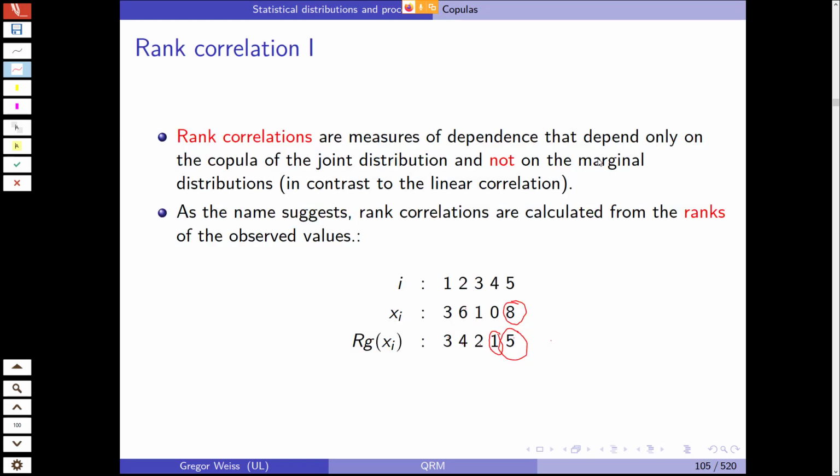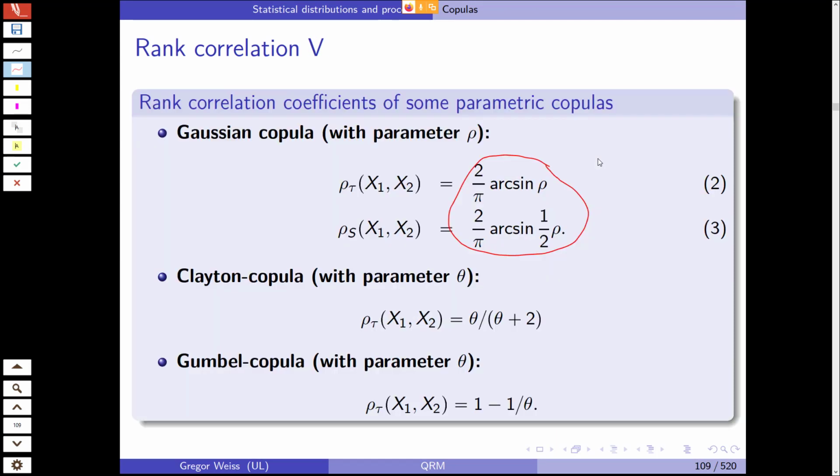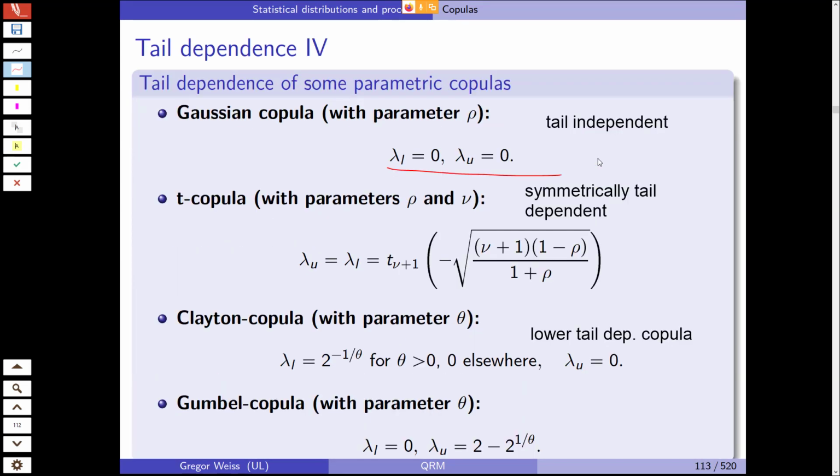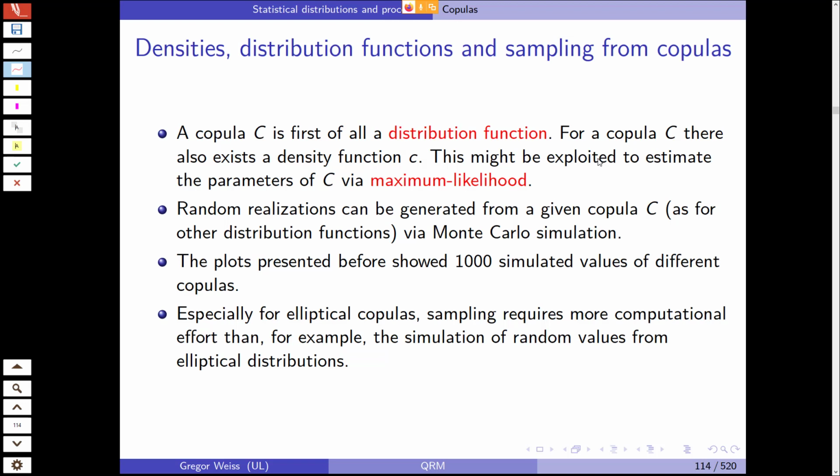So you can do maximum likelihood, and you can do simulation, as I've done here. You need more computational effort to simulate from high dimensional copulas, because obviously it is done in multiple dimensions.